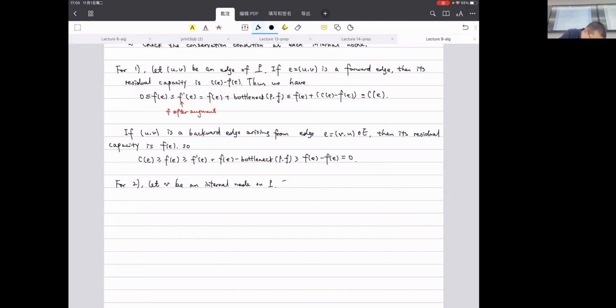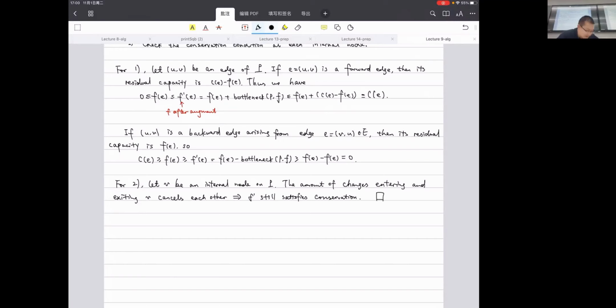The amount of change entering and exiting cancel each other, so F prime still satisfies the conservation condition, and it finishes the proof.